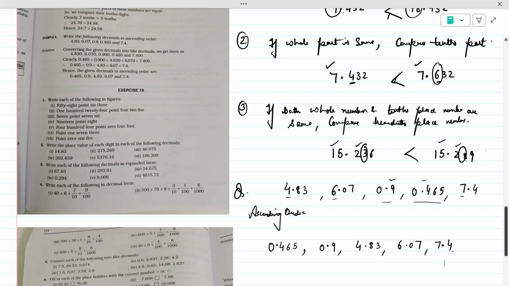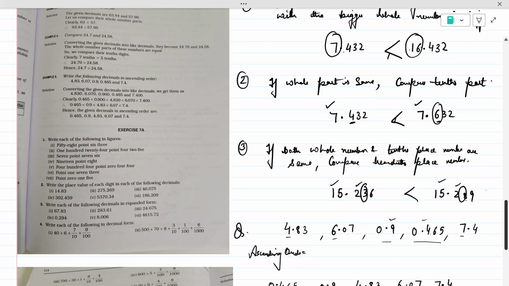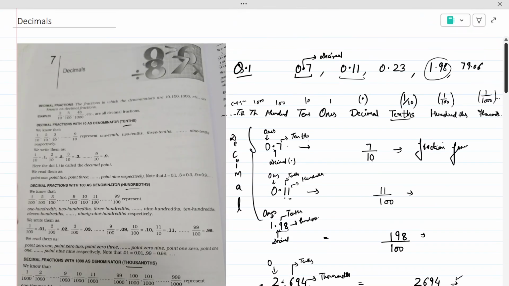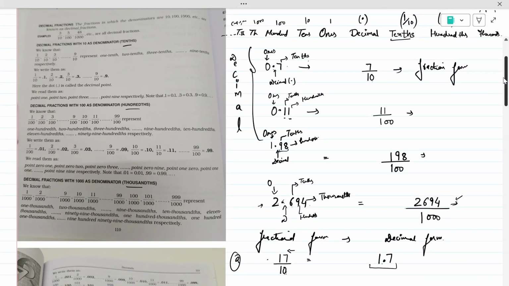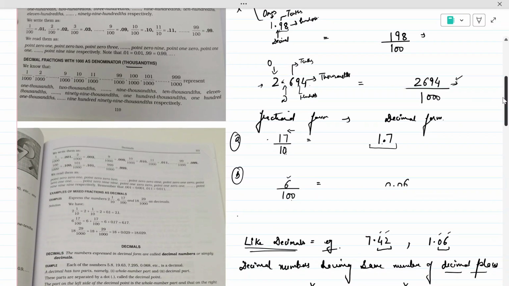Okay, so with this, kids, we are done with the concepts and we are going to pick up the exercise in the next class. So what we have learned today is how we have to write a decimal number, how we have to convert a decimal number to fraction form, or if a fraction is given to us, how we have to write it in decimal form, what the place value chart of a decimal number is, right?